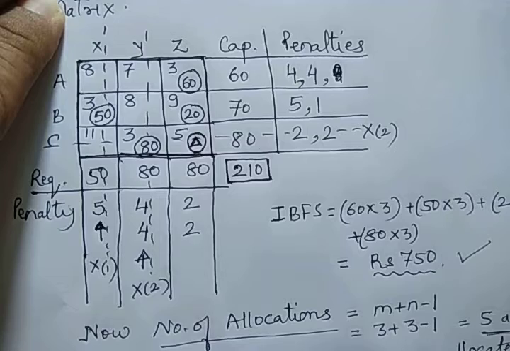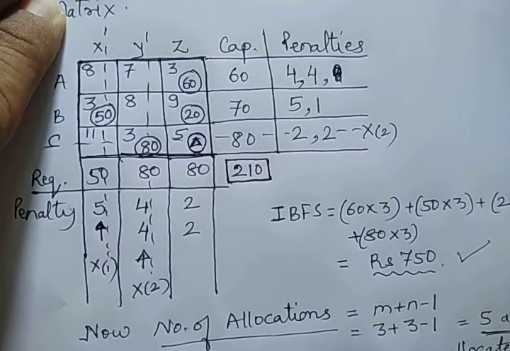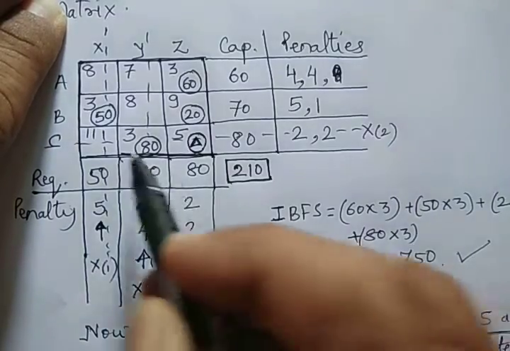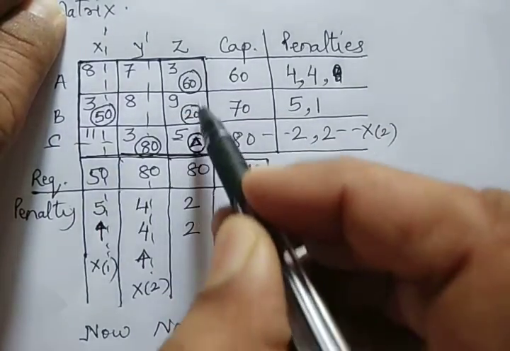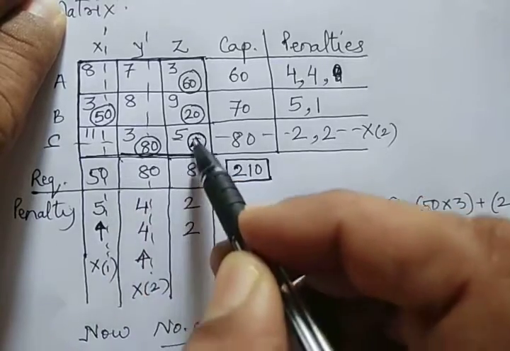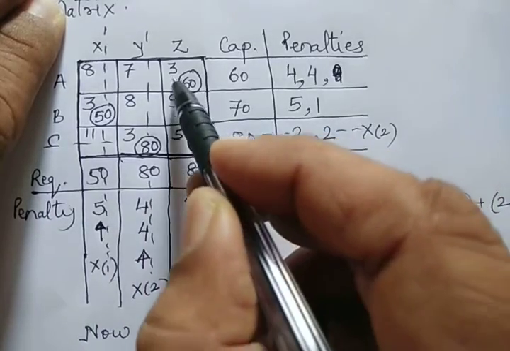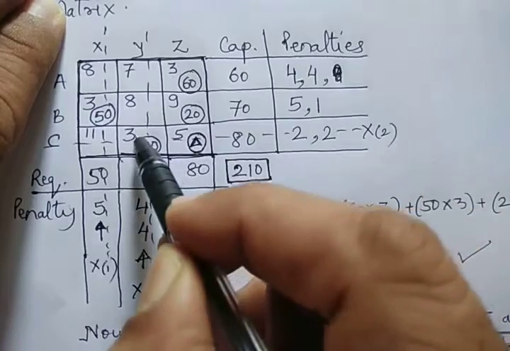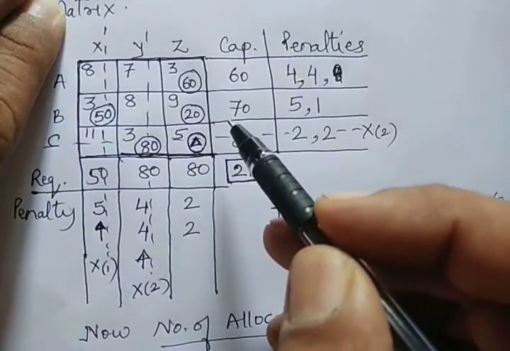What is the first step in optimality? The first step in the Modi method to check the optimum is to draw the matrix once again, where we have got the allocations 1, 2, 3, 4, 5. 3, 9, 5, 3, 3 are the unit transportation costs.